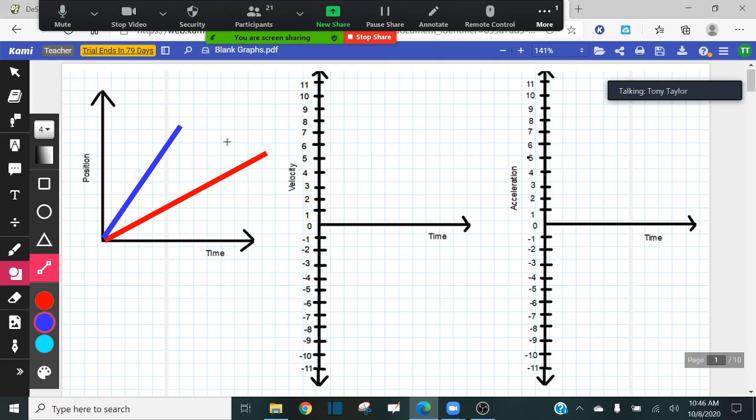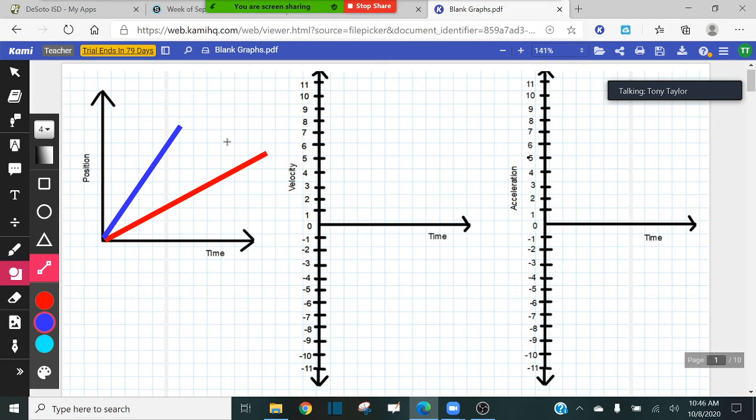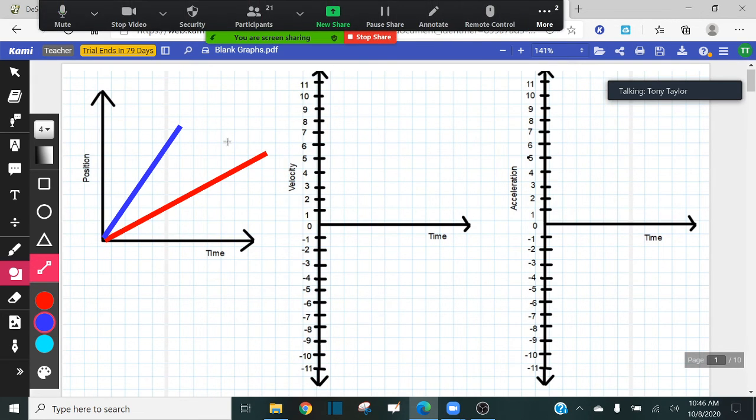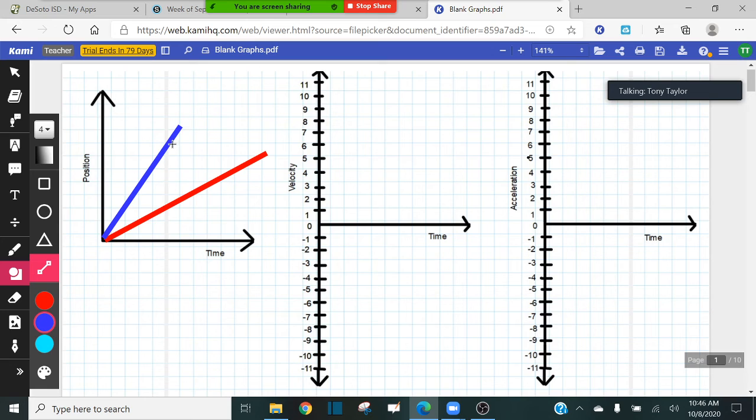Yes, thank you, Anthony. Blue is moving faster. Exactly, blue is definitely moving faster. And you know blue is moving faster because it has a steeper slope. Exactly, the steeper the slope on a position versus time graph, the greater the velocity, because the slope on a position time graph is the object's velocity.